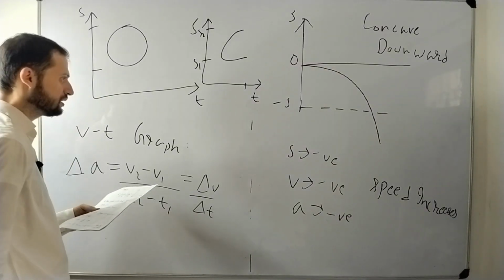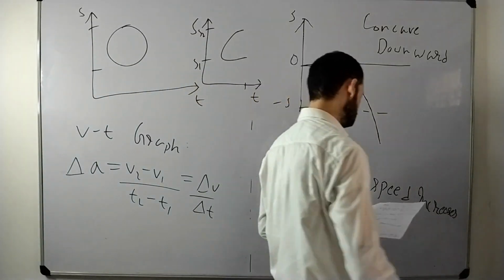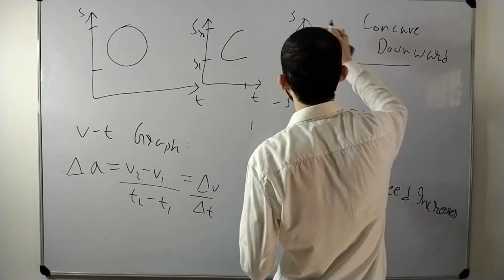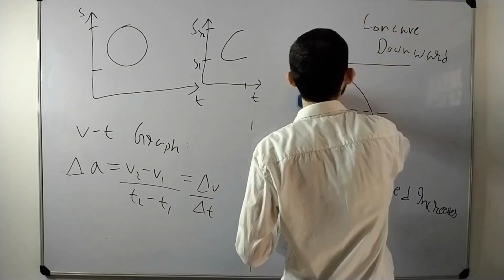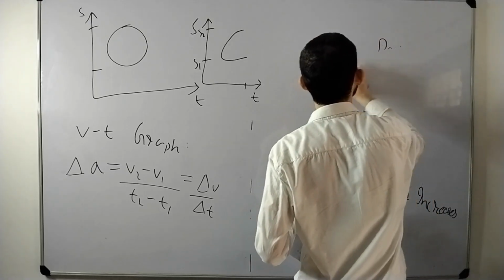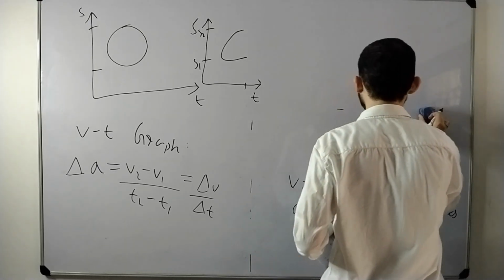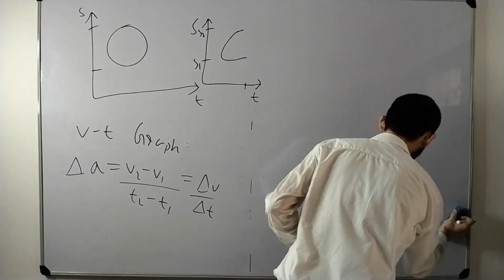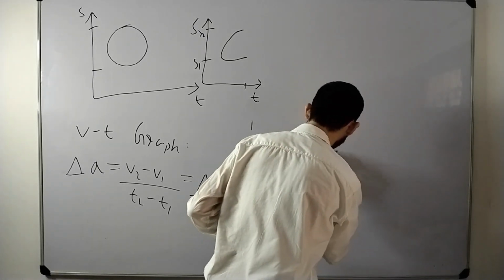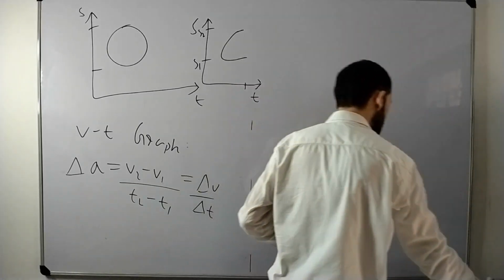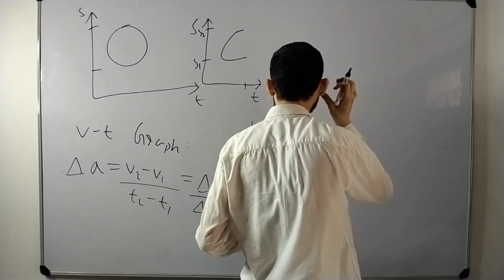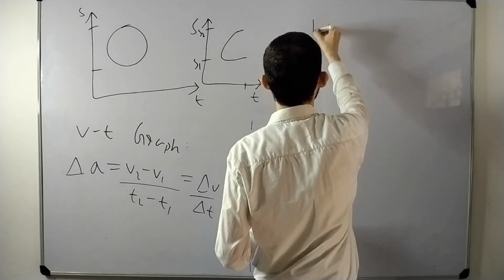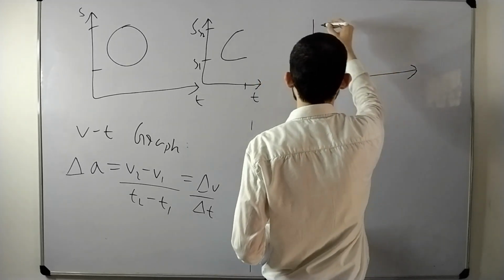So, how should I draw the graph of this, student? Graph of this should give us what? Acceleration. But the slope would give it. Yes, very nice. Slope would give the acceleration.